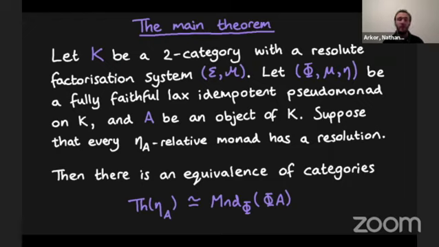In this case, we can show that there's an equivalence of categories between the theories relative to η_A and the Φ co-continuous monads on Φ of A. Now I'm going to tell you what these definitions are in just a moment, but the example to keep in mind is when K is the 2-category of categories, the factorization system is the identity-on-objects fully faithful factorization system, Φ is the pseudomonad for sifted co-completion, and A is the category F, so the free category of finite coproducts on a single object.